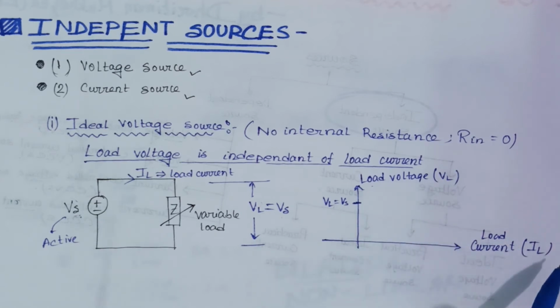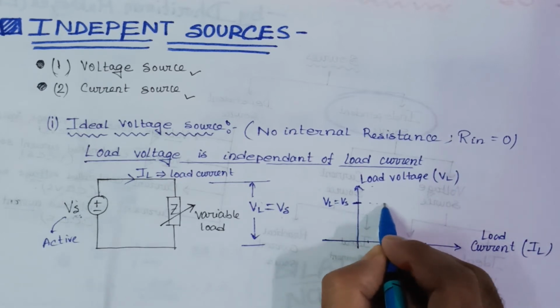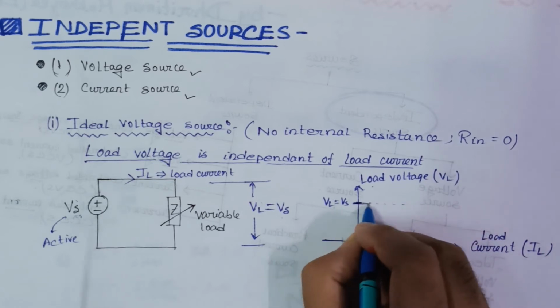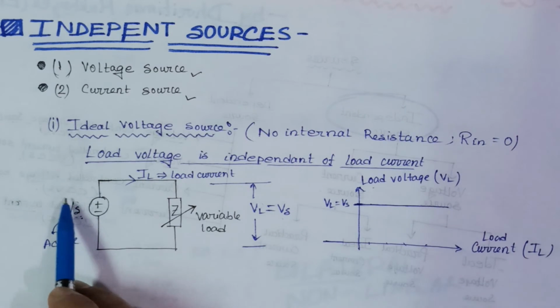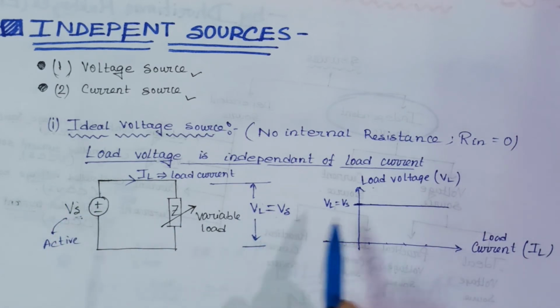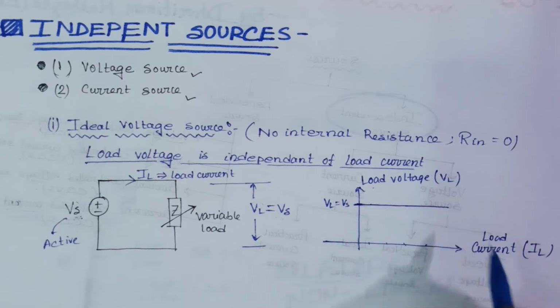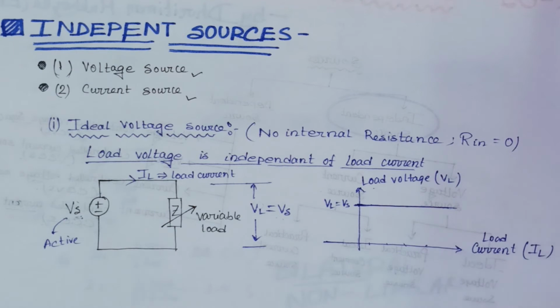It means the load voltage will be independent of the load current. Whatever the value of IL is, it doesn't matter, the value of load voltage will be the same. Because this value of Vs is constant, load voltage is also constant, so VL will be equal to Vs, and this graph will be like a constant graph.